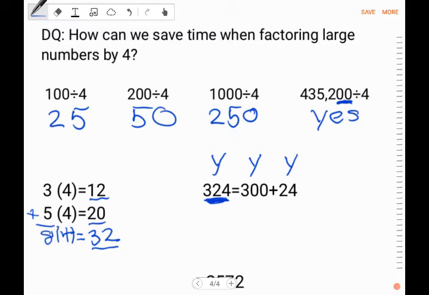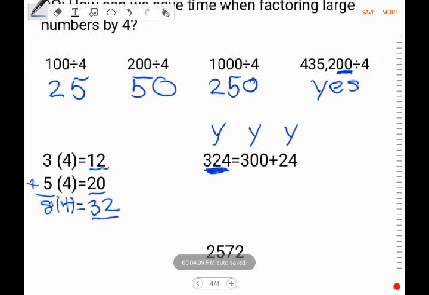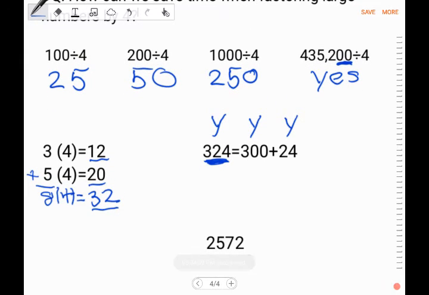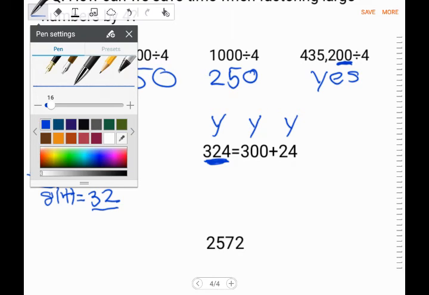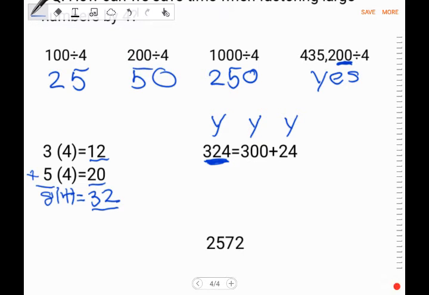Now I can do this with even bigger numbers too. Let's try and do it with this number, 2,572. I could try and divide 4 into that whole number, or I can save myself some time and just do 72 divided by 4.